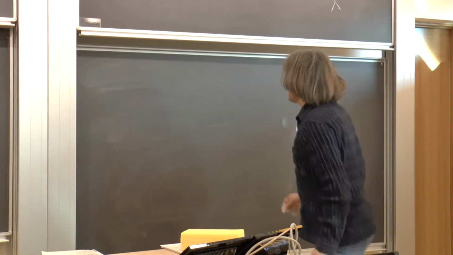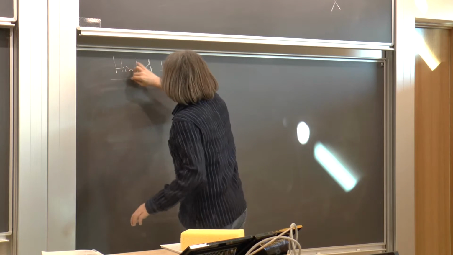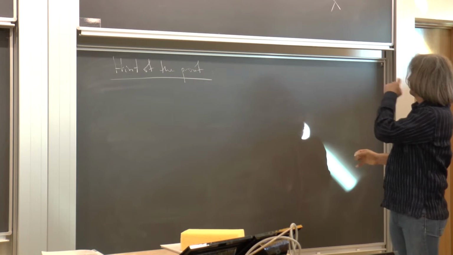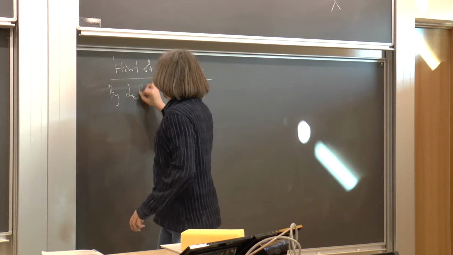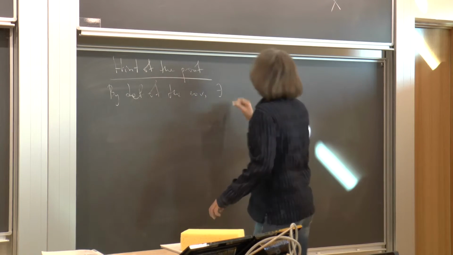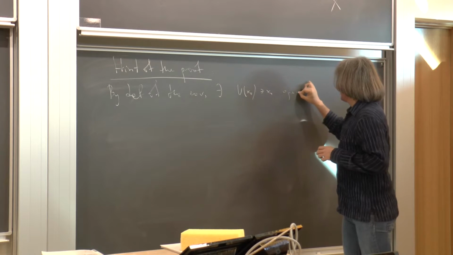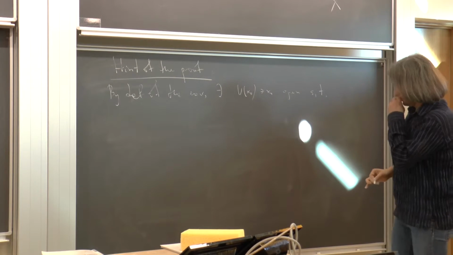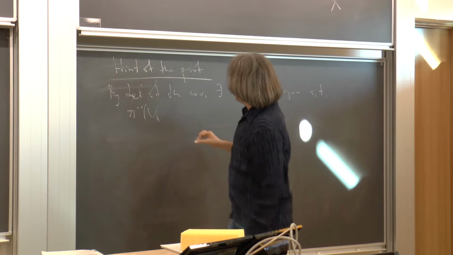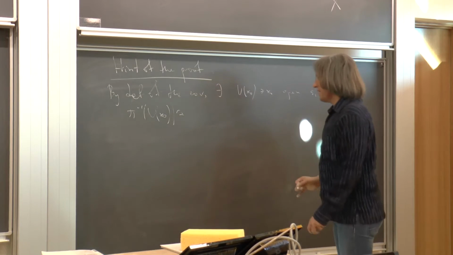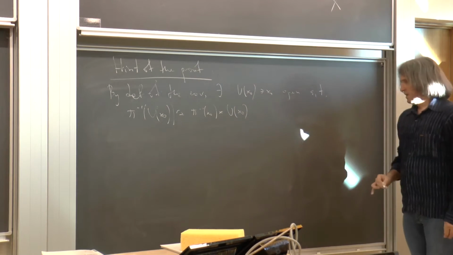By definition of the covering, there exists an open neighborhood U of x naught such that the pre-image of x naught is discrete, and the pre-image of U of x naught is homeomorphic to the pre-image of x naught times U of x naught.